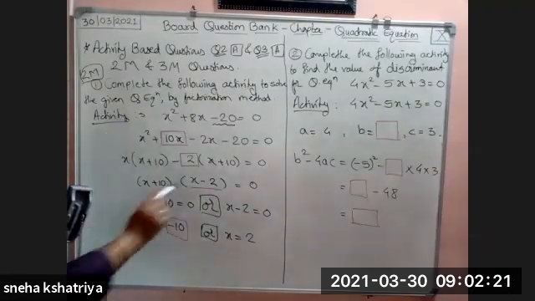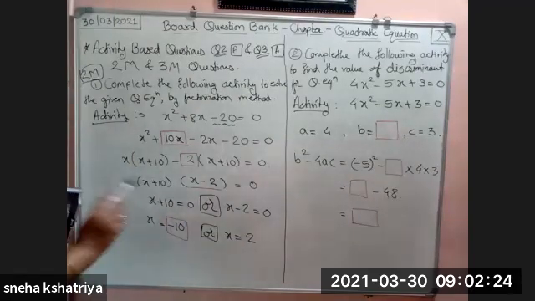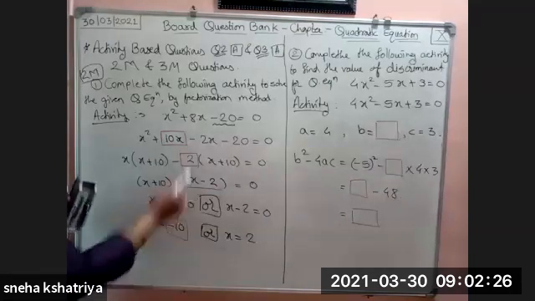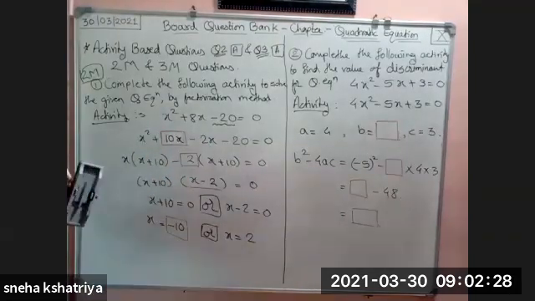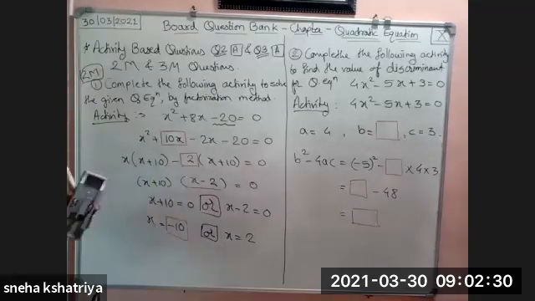If you miss any box, your marks will reduce. And it is very easy because the whole answer is already given to you. You have to fill the boxes only, and 4 boxes will give you 2 marks. So this is a very easy kind of example.